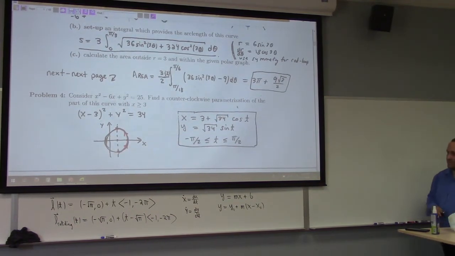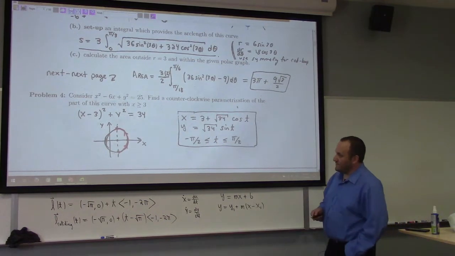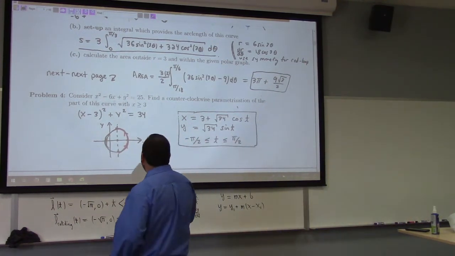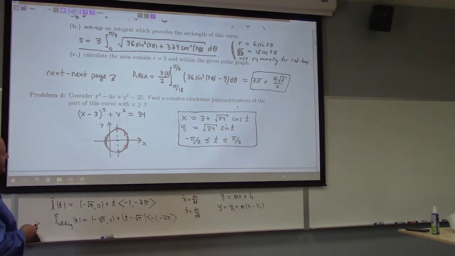One more problem on this page that I have solved because it was not a lot of work. Remember, first week, second week, somewhere in there, we learned how to parameterize conic sections. For example, this circle, which is centered at 3, 0 and has radius the square root of 34. I meant to add 25 and set it equal to 0.